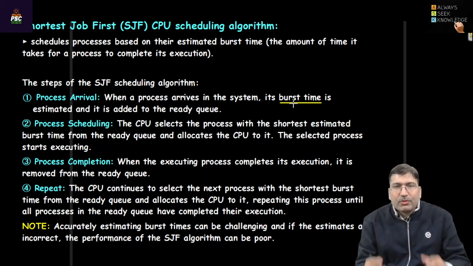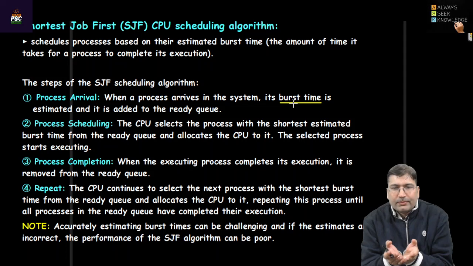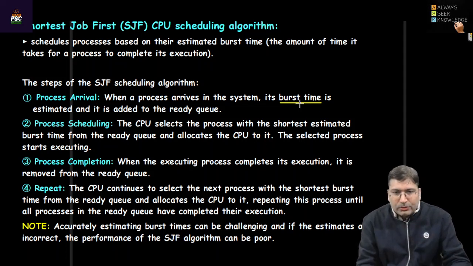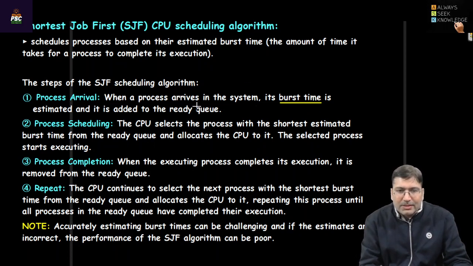Now this burst time will actually be an estimate for the next cycle, right? Once the CPU selects based on the required CPU cycle or burst time, the CPU will be allocated to the process in the ready queue requesting the fewest CPU cycles.